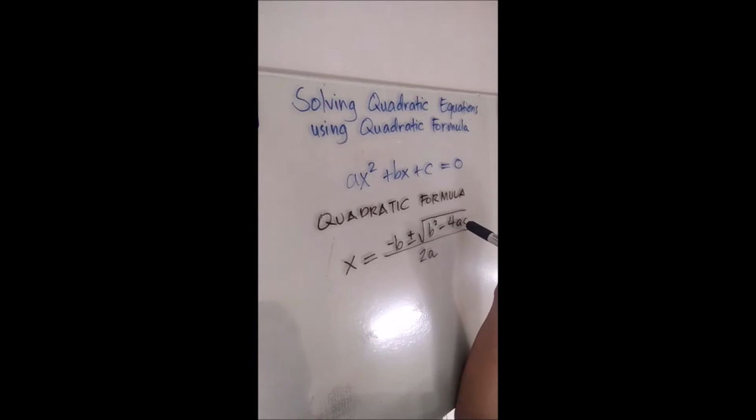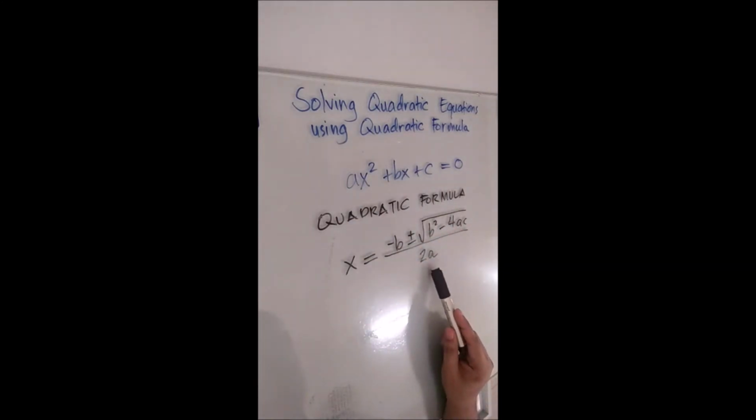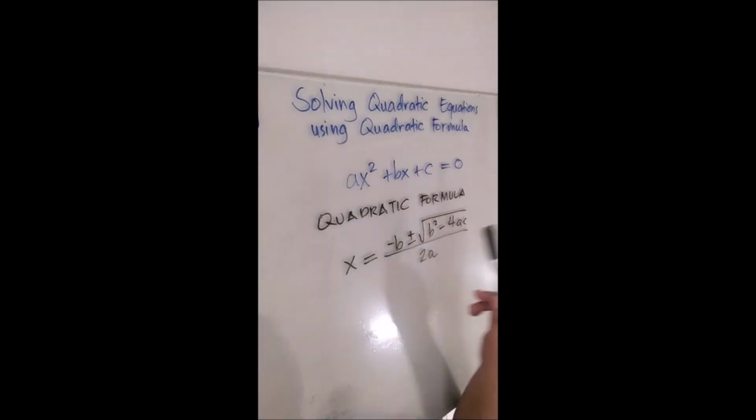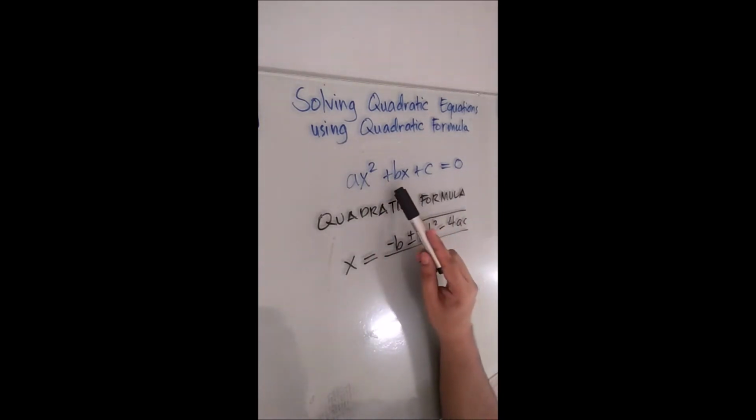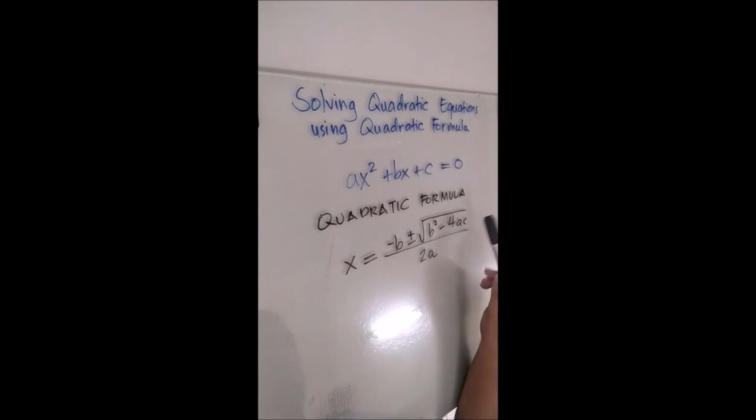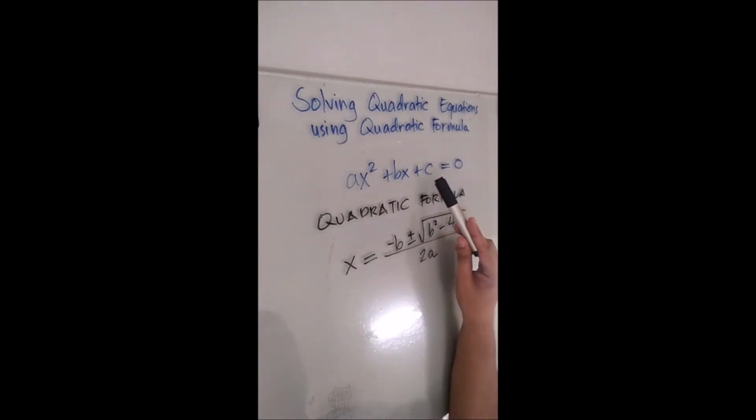This is the quadratic formula. a, b, c here are the coefficients of the quadratic equation. So a is the coefficient of the quadratic term, b is the coefficient of the linear term, and c is the coefficient of the constant term, or the constant term itself.